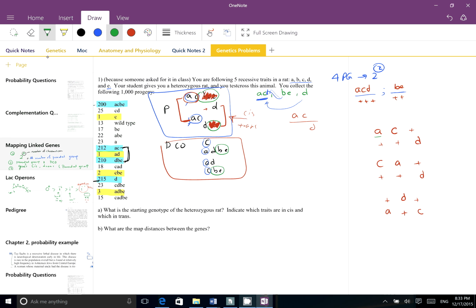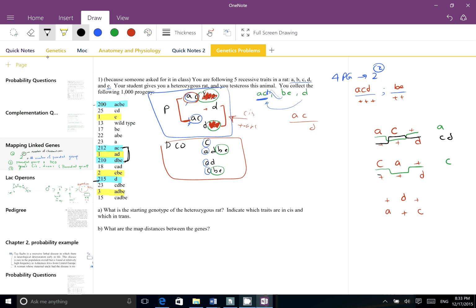So here A comes down to wild type, goes back to A. D goes up to C, comes down to wild type, so C and D. Okay, let's do this for C. C goes down here, goes up here, so C is on its own.